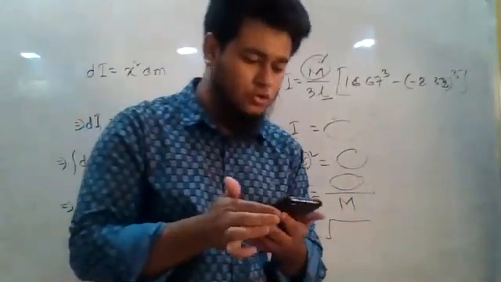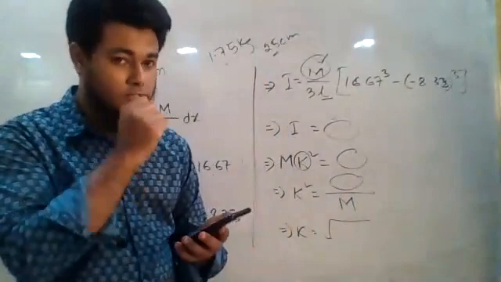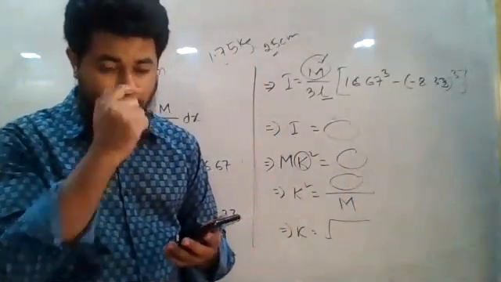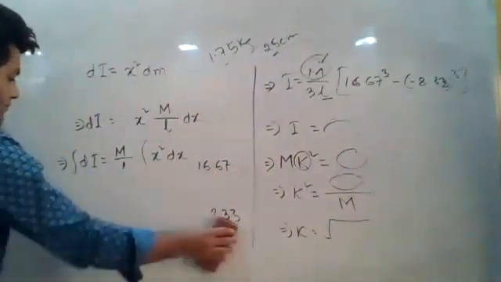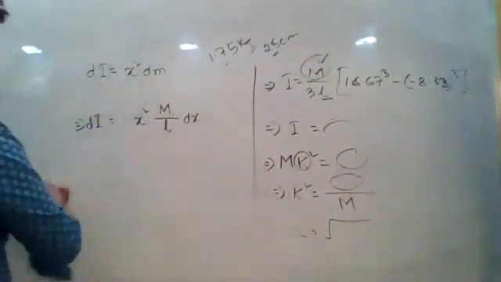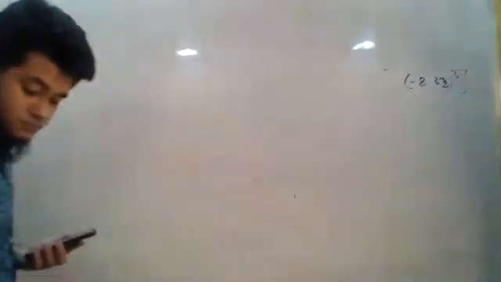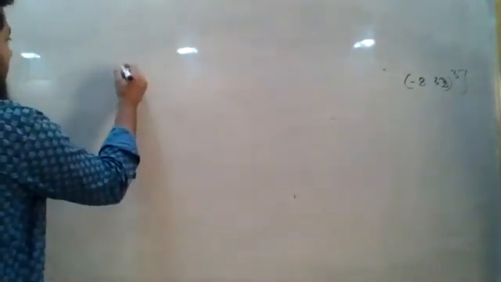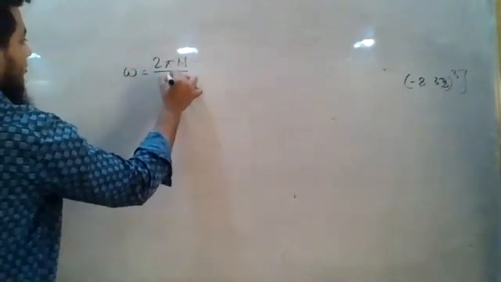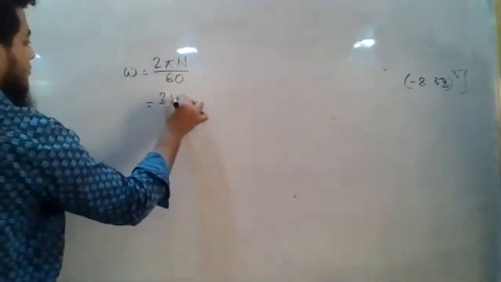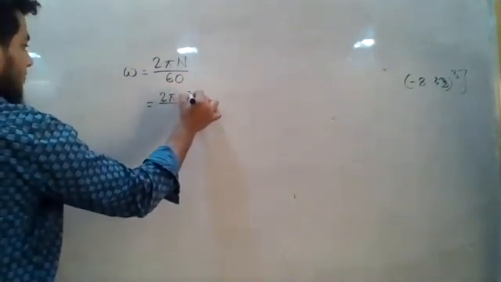How can we calculate? Let us see. At first, as I told you, we can always calculate omega from RPM, rotation per minute. From that value, we can calculate omega. So let us do that. Omega is equal to 2 pi n by 60. So how many times was it rotating? 30 or 20? 20.